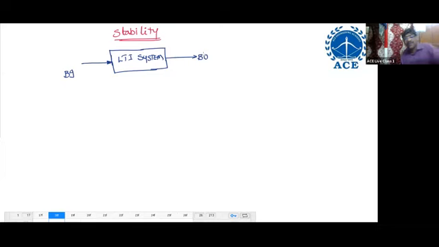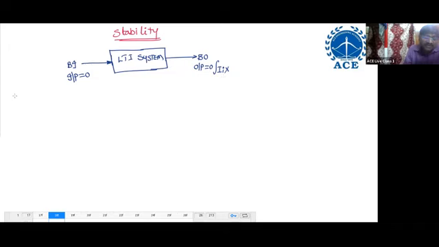If the input to the system is 0, the output must be 0, irrespective of all the initial conditions. Then we can say that the system is stable.